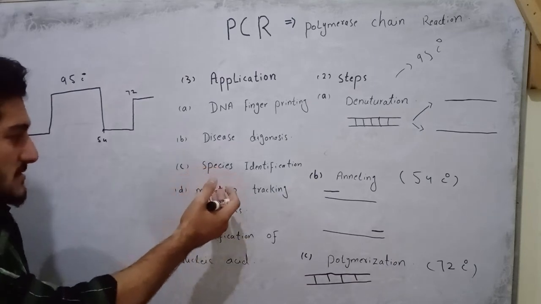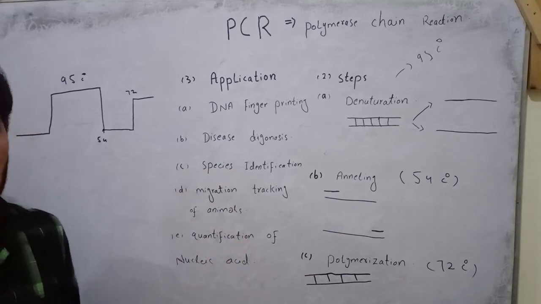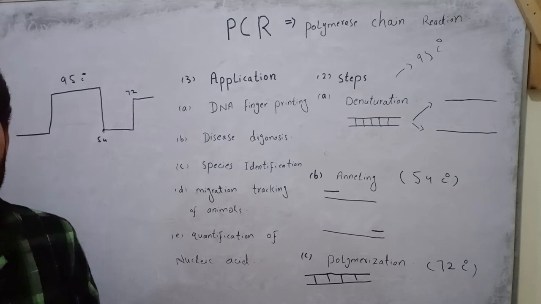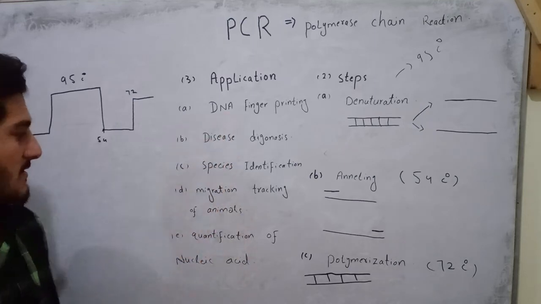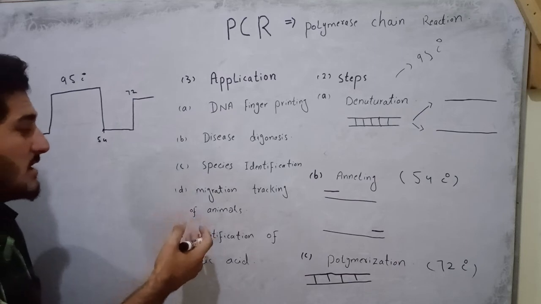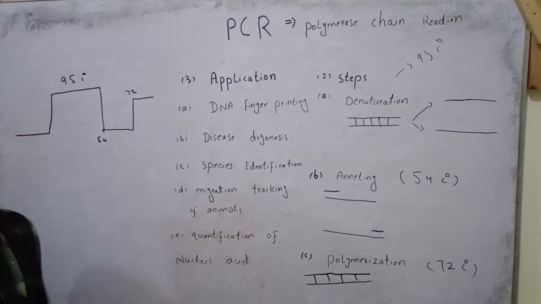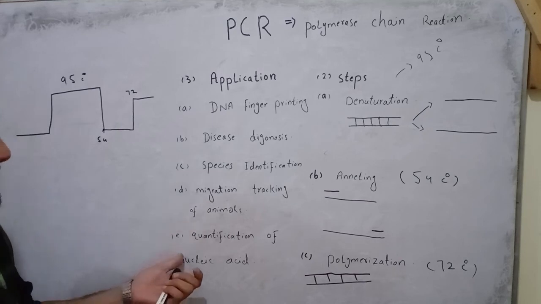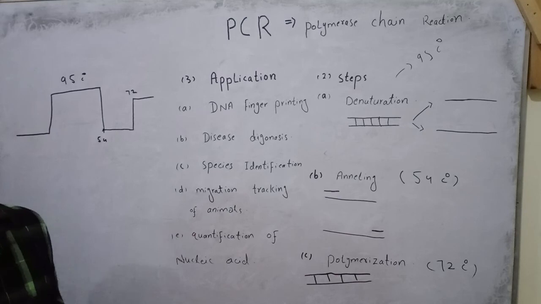We also use PCR for species identification, that is, we identify different types of species using PCR. We can also identify the migration tracking of animals, and we can also find out the quantification of nucleic acid.